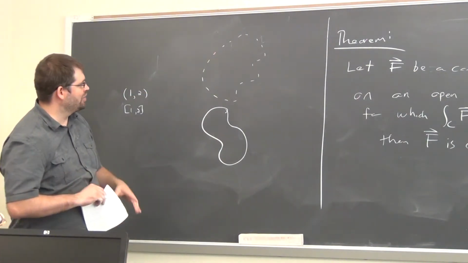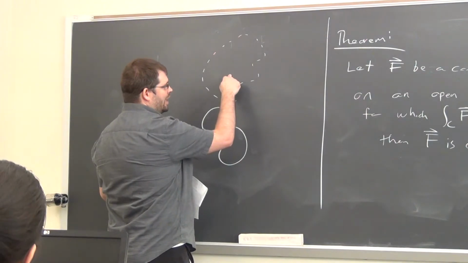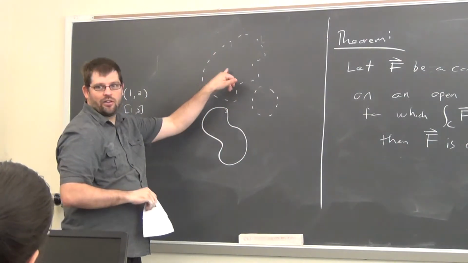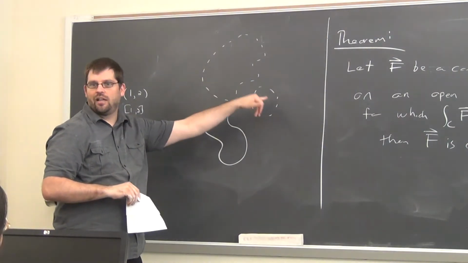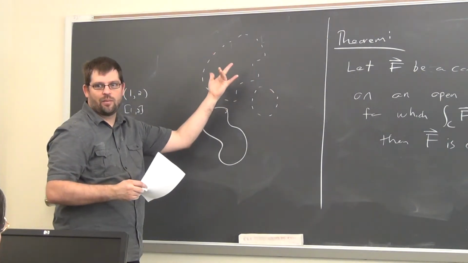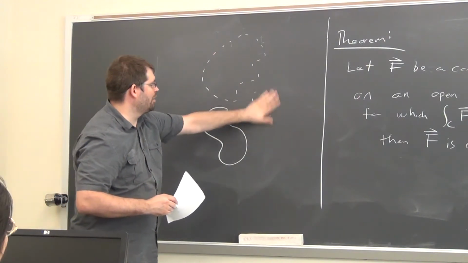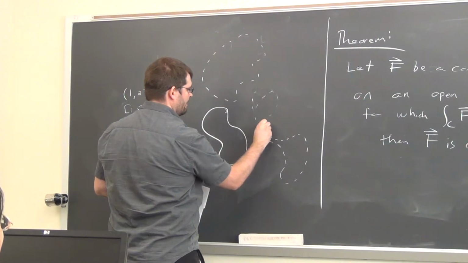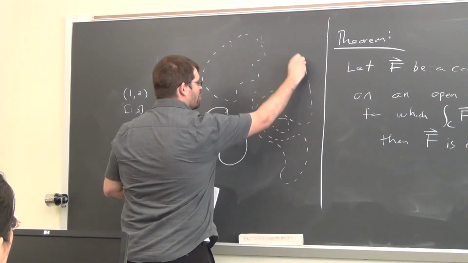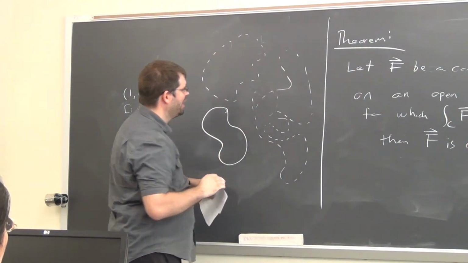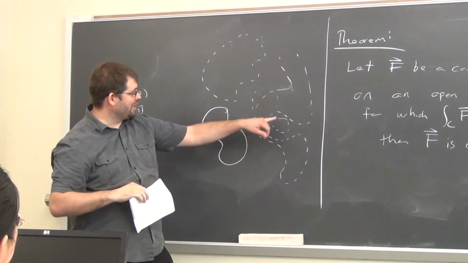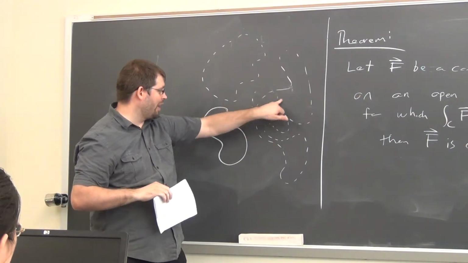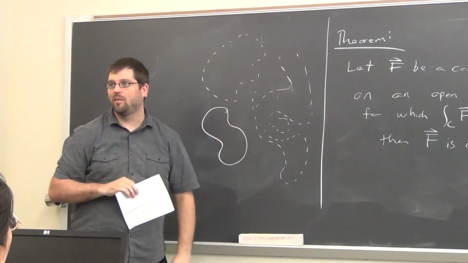Okay, and then connected just means this: this is connected. If it were this region plus this region, that's not connected, because you can't get from here to here staying inside your region. Does that make sense? Now, even something weird like this, make sure you draw that exactly like I did, is connected because I can get from here to here, not by my straight line, but I can follow a path that gets there and stay in my region.